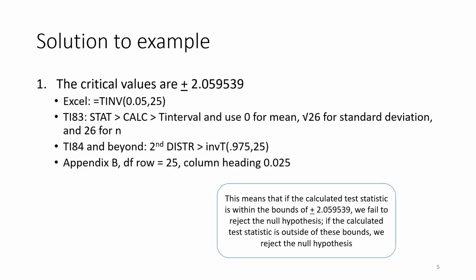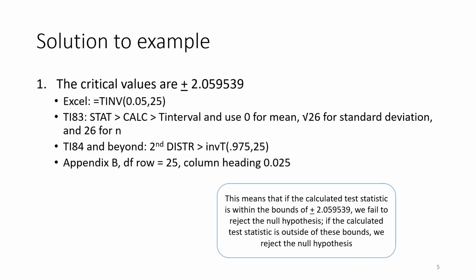If we have a TI-84 or some of the upper models, then we can use the INVT function, where we specify the area to the left of the point, and then that'll give us the same values. Or we can go to Appendix B in the back of the textbook, find the row for 25 degrees of freedom, and the column heading 0.025. So we can get this number many different ways.